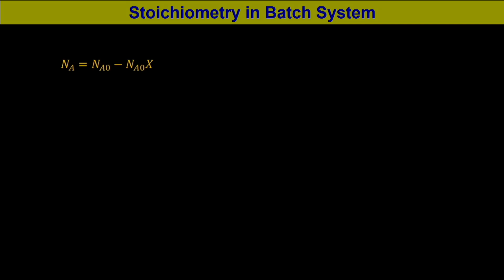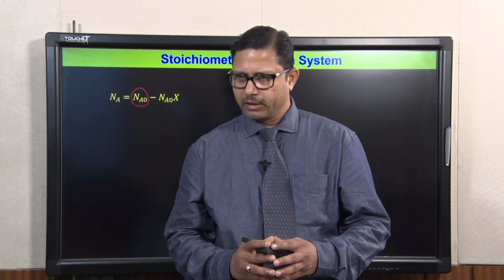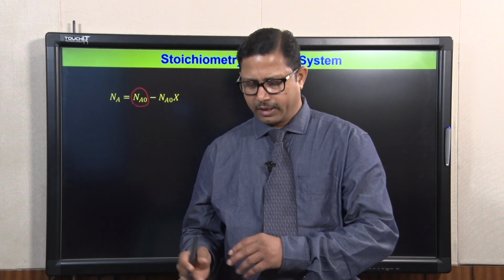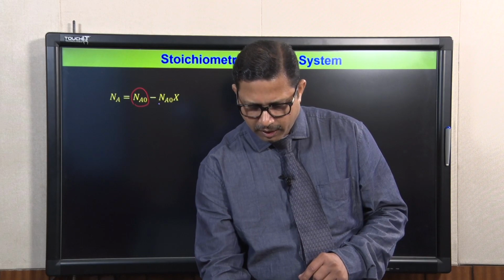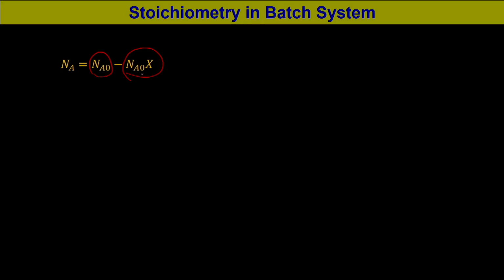To do that, initially we had Na naught moles of A, that is the initial amount, and from the stoichiometry, 1 mole of A is reacting and producing C and D. So, with conversion factor X, Na naught X is the reactant consumed.